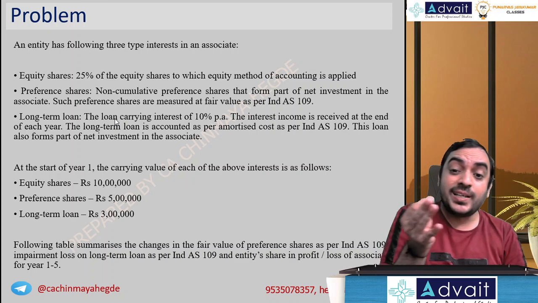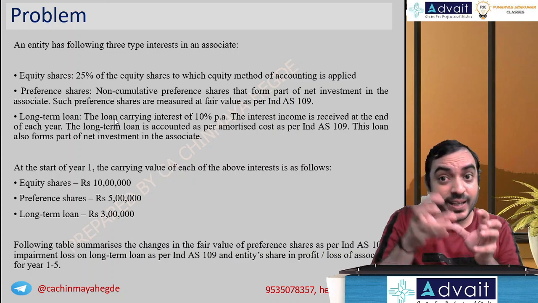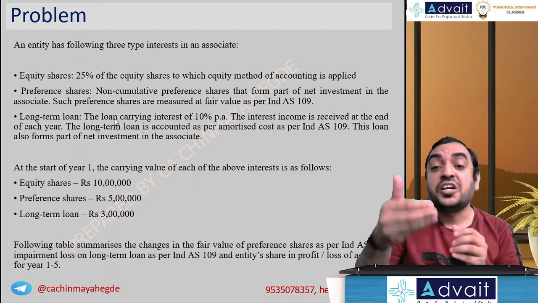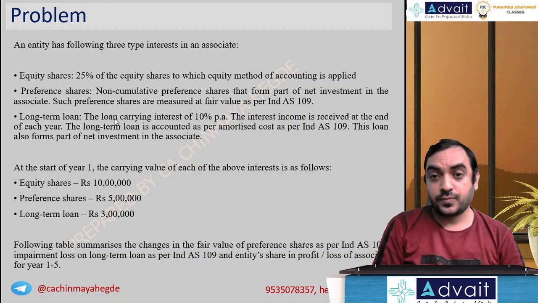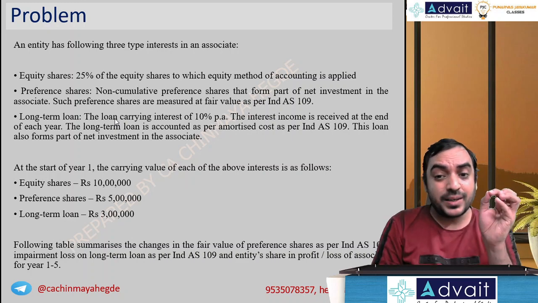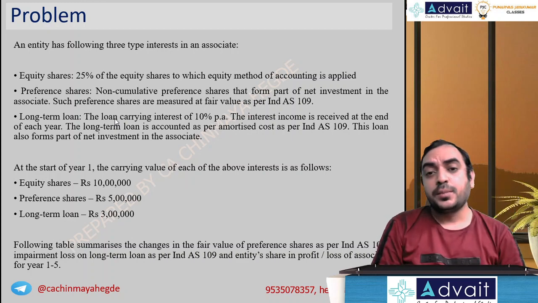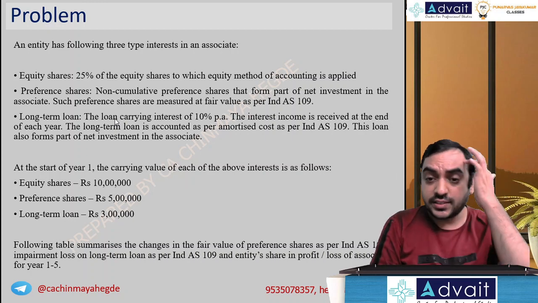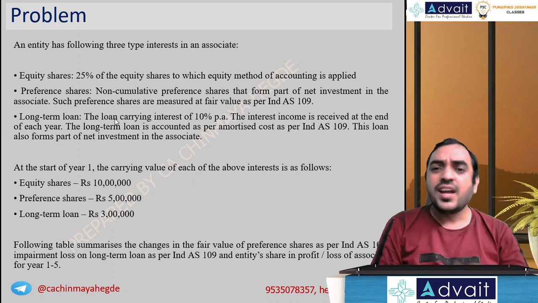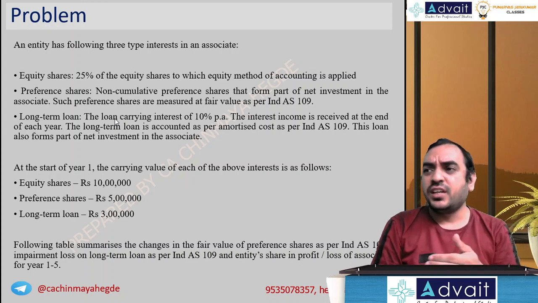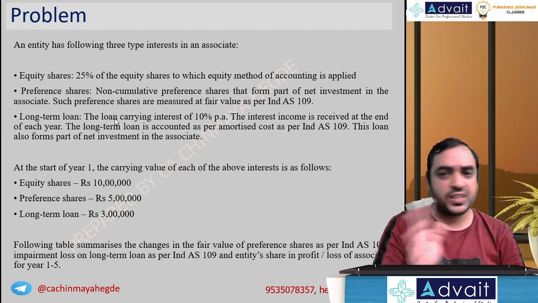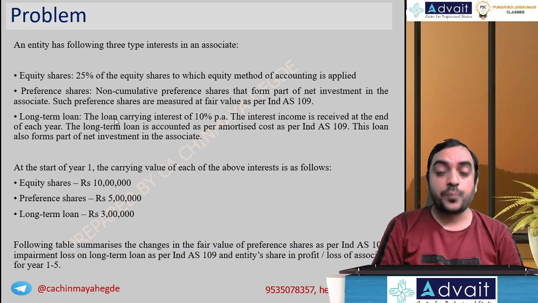But in the consolidated financial statements, I will take the investment and add the share of profit from the associate. So the journal entry will be investment account debit to consolidated P&L, and that is called the equity method of accounting. And of course loss, what happens if it is a dividend, all those things you would have learned, which I'm not going to talk about now.